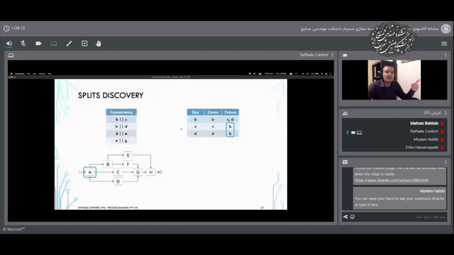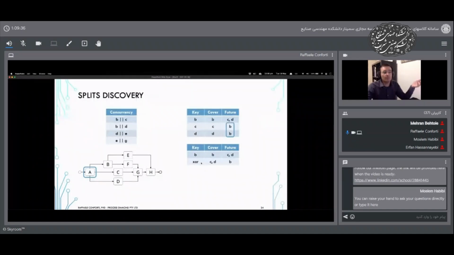So either you do C or you do D. You never do the two of them together. So in this case, we replace these two rows with one row where these two are merged, and we introduce an XOR split before that.